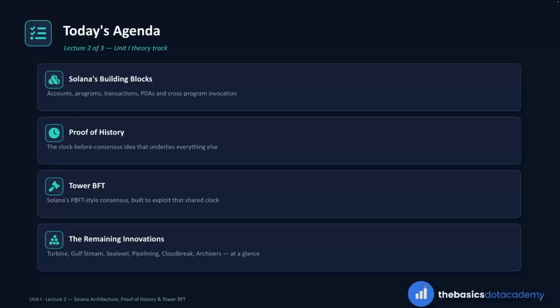After proof of history, we are going to see Tower BFT, which is Solana's PBFT style consensus that is built to exploit that shared clock. And at the end, we are going to have a quick intro to the remaining innovations which the Solana blockchain offers. That includes Turbine, Gulfstream, Sealevel, pipelining, Cloudbreak, and archivers at a glance.